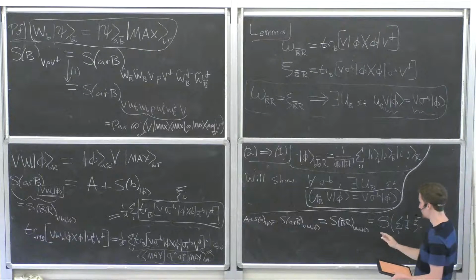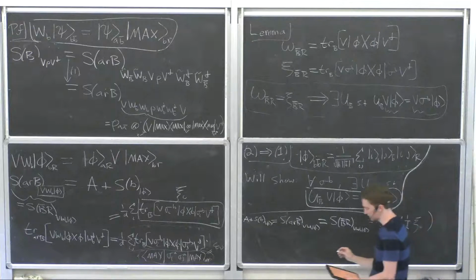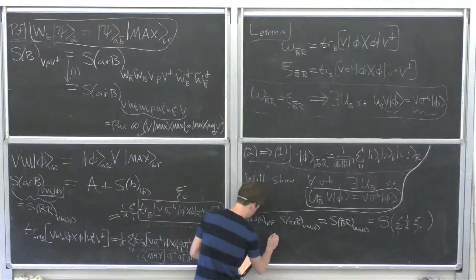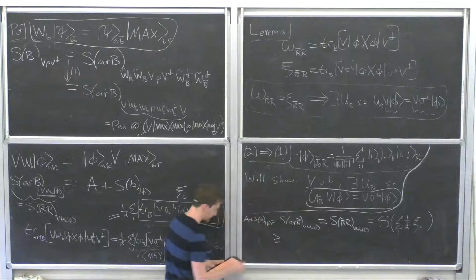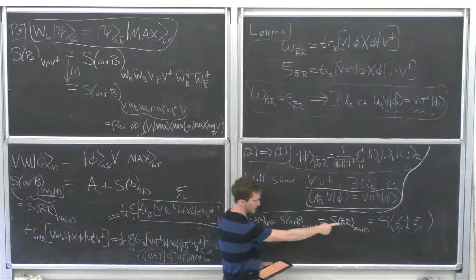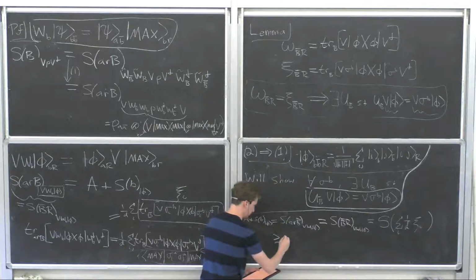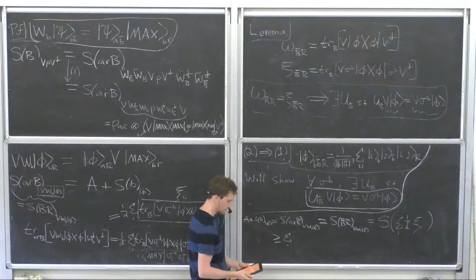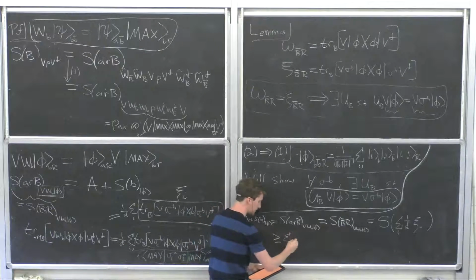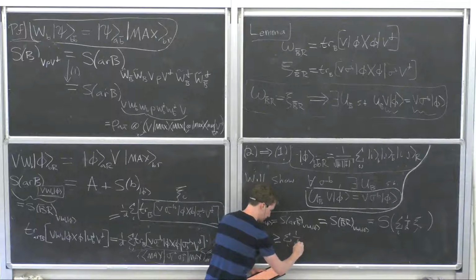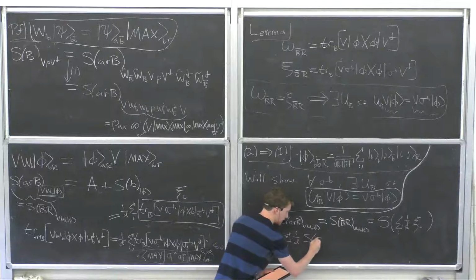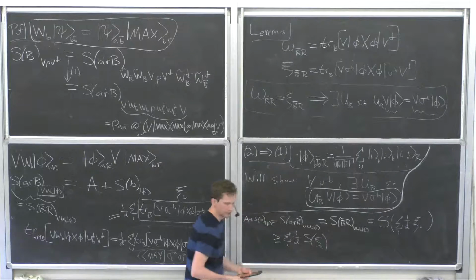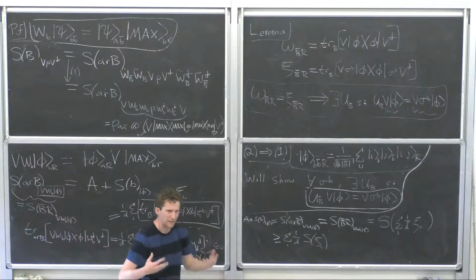And here is a QI theorem. This is an important QI theorem for this proof. This is greater than or equal to, and this is something you can look up in Nielsen and Chuang, the sum over I of 1 over d of S of psi I. It's the concavity of the entropy.